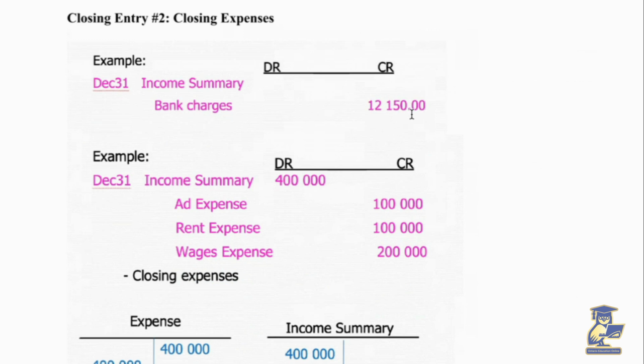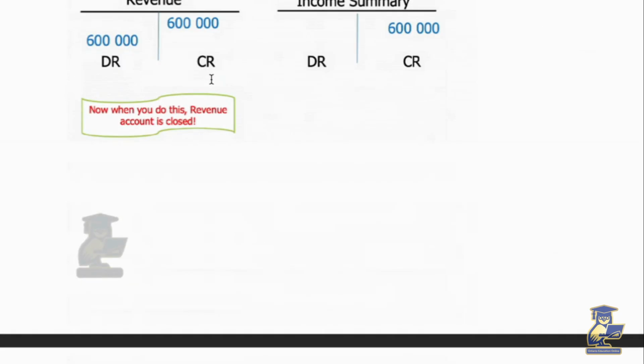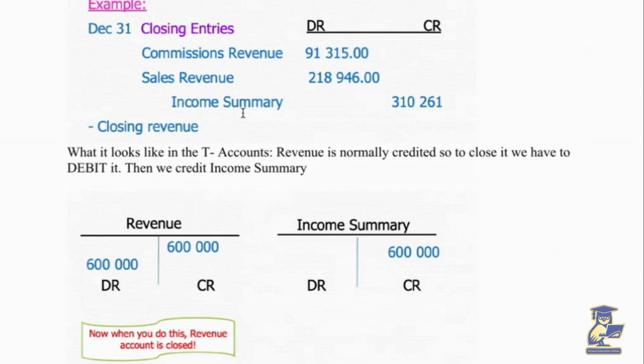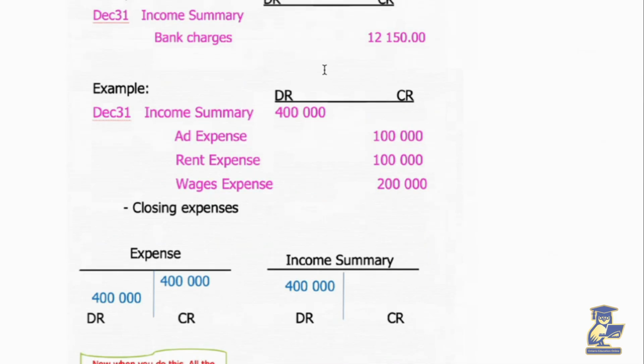So here I have a credit of $12,150. My income summary, this is a mistake, but it should have $12,150 as a debit. So unlike this revenue example, when we credit income summary, in this case we're debiting income summary because again, we're doing the opposite.